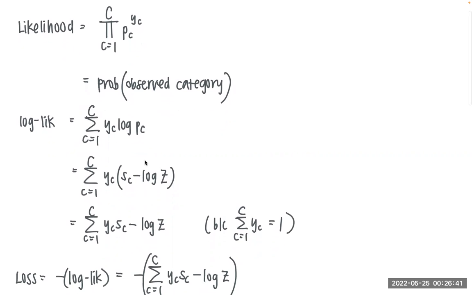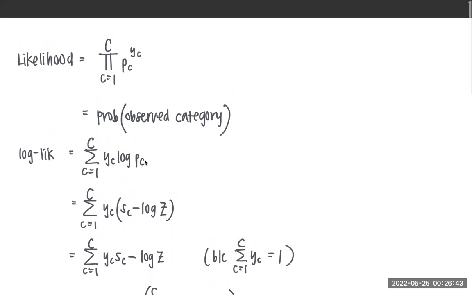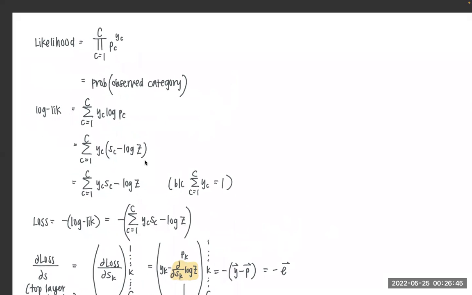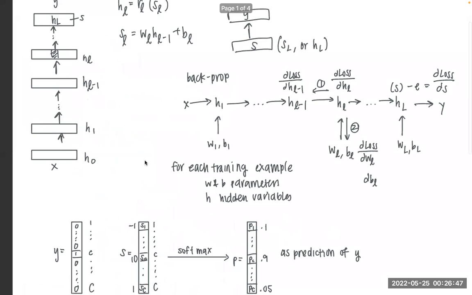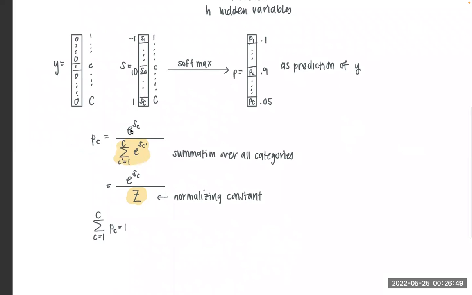Okay. And remember that we define P sub C by softmax. So in the softmax, P sub C is e to the power S sub C divided by Z, where Z is a summation. So if you take log, then that will be S sub C minus log Z, right?